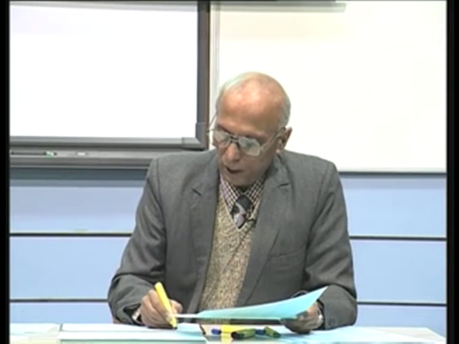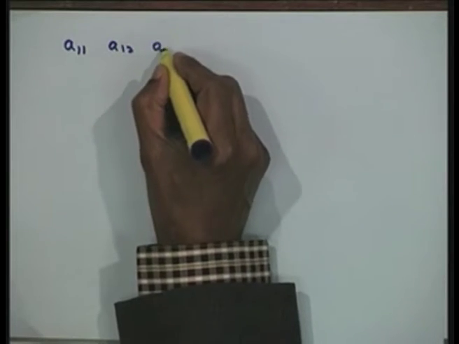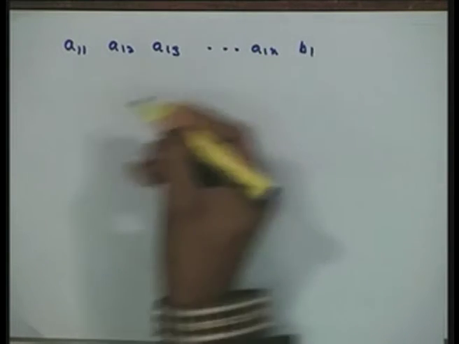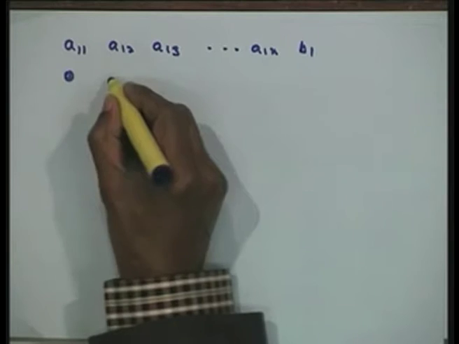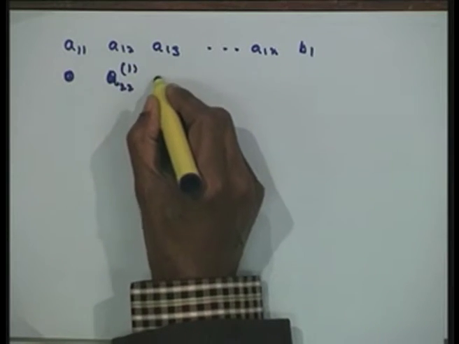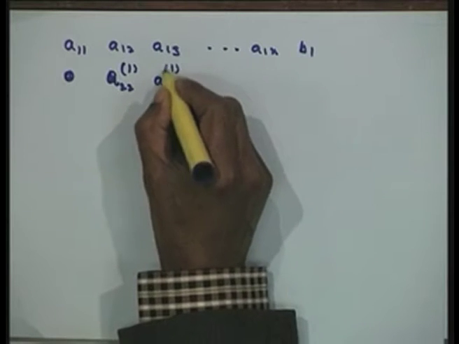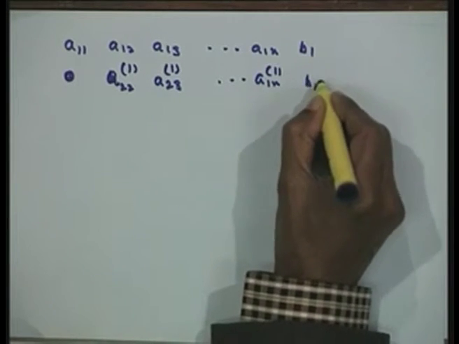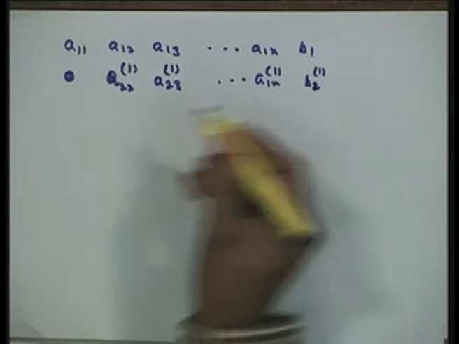Now when the procedure is complete, let us see how the matrix looks like. I would repeat the same thing. Let us write down a11, a12, a13, a1n, b1, that is the first row, 0, a22 of 1, a23 of 1, an1 of 1, that is equal to b2 of 1.